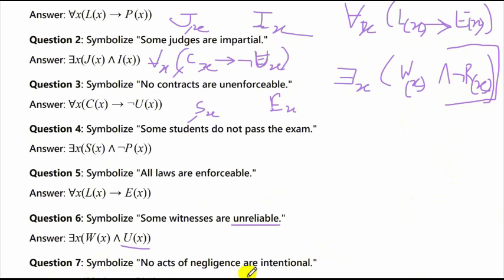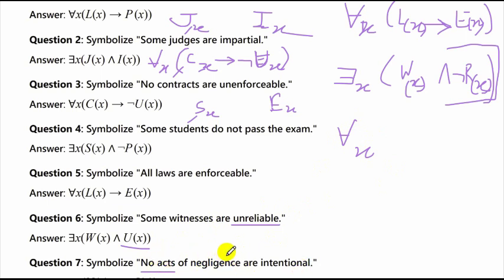Symbolize: no acts of negligence are intentional. So this is a universal negative. So 'no acts' means for all x. No acts of negligence are intentional.